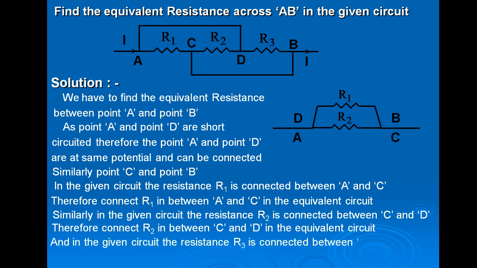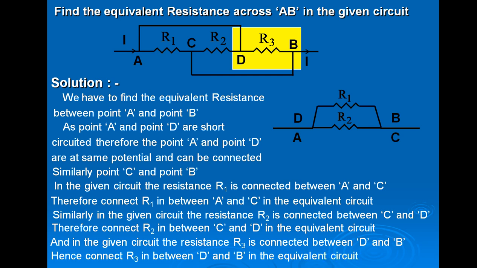And in the given circuit, the resistance R3 is connected between D and B. Hence, connect R3 in between D and B in the equivalent circuit.